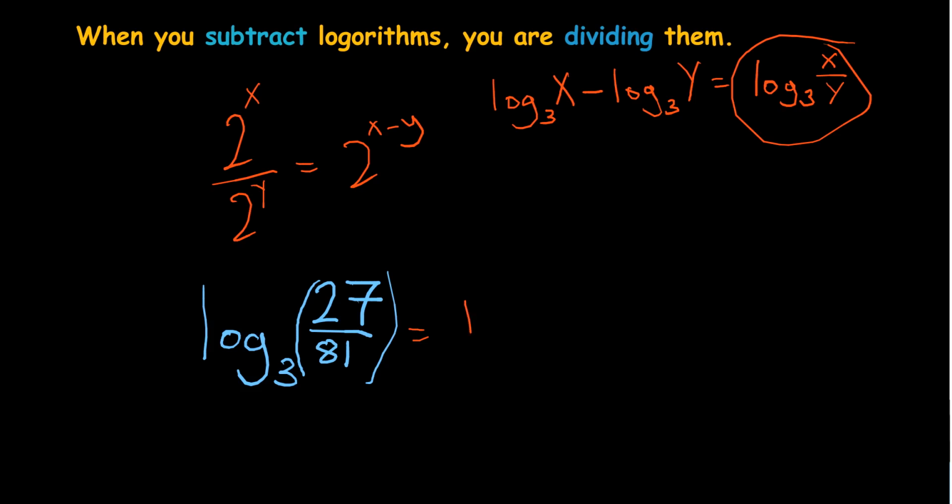So we're just going to do the same thing. Log base 3 of 27 minus log base 3 of 81. So again, we could use the addition property to split up these logarithms into smaller ones if we wanted to. This one is pretty basic. 3 cubed is 27, so the answer here is 3.